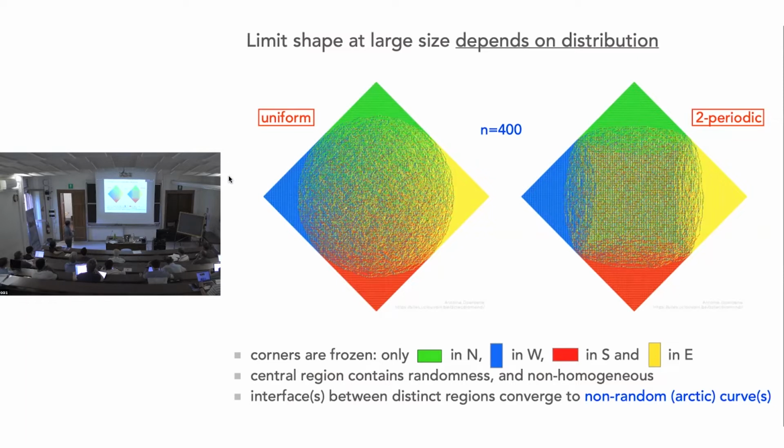And our objective here is to compute the Arctic curve in this 2-periodic case, and we'll be primarily interested in the interface between the frozen regions, the 4 corners, and the first entropic region here. Actually, we'll get the second Arctic curve for free, but that's not part of the game. So these curves are well known.